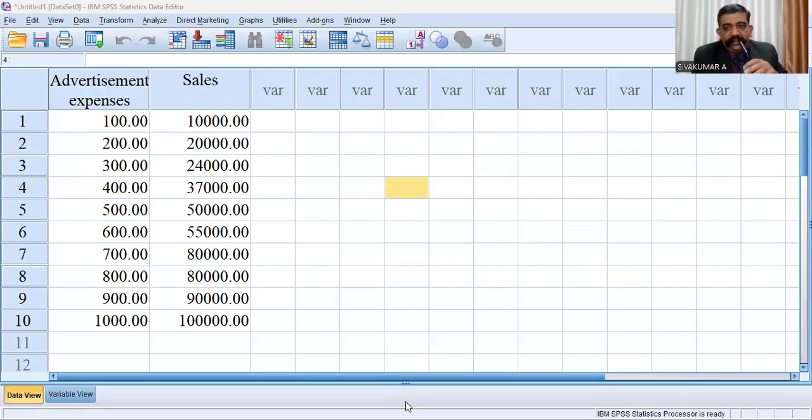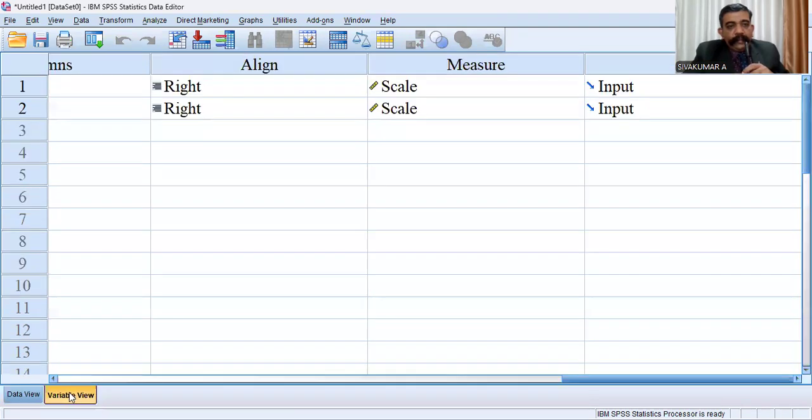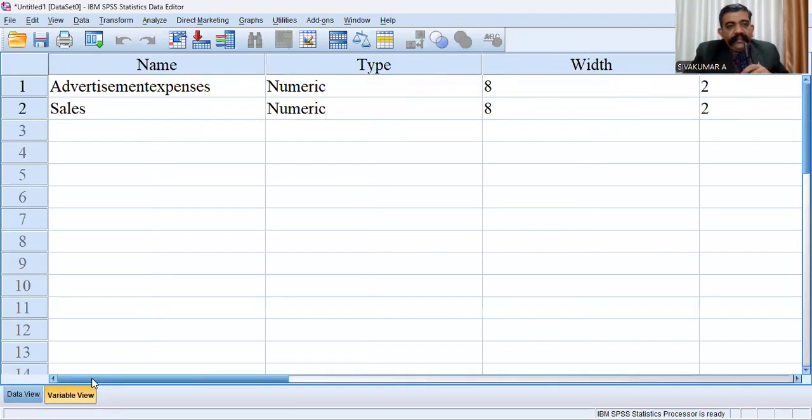Then I will share my screen to you, share SPSS. I have already inserted the variables in my SPSS software. Yesterday, I told you how to insert variable names and data values. First I gave the variable names in variable view, advertising expenditure and sales.